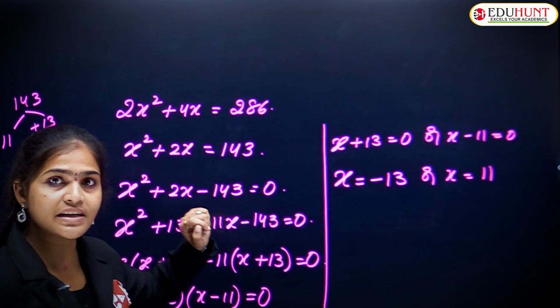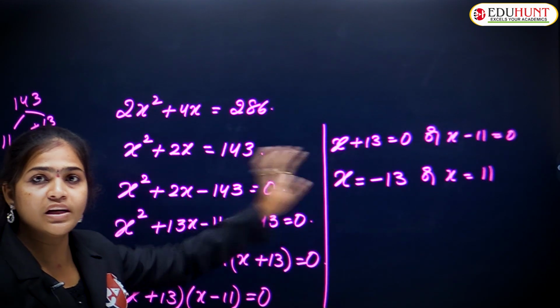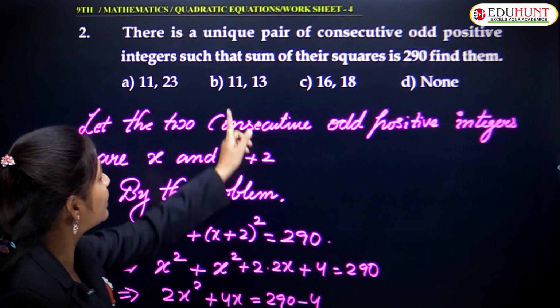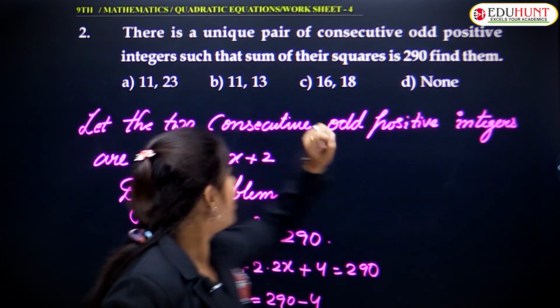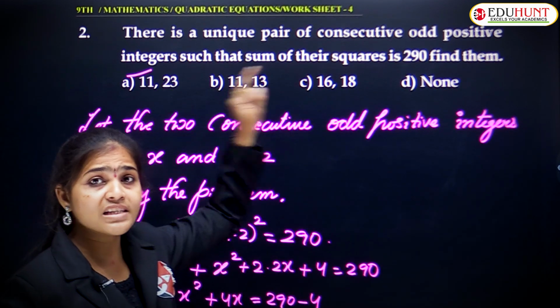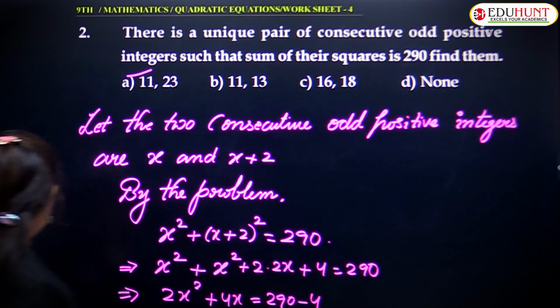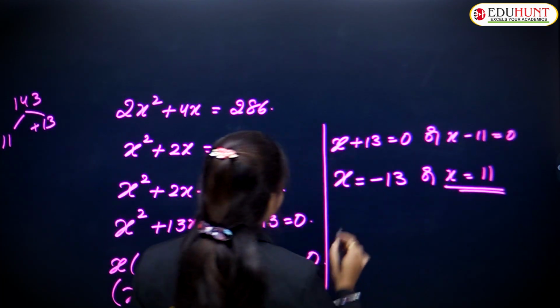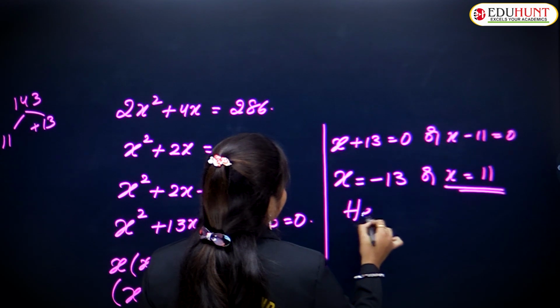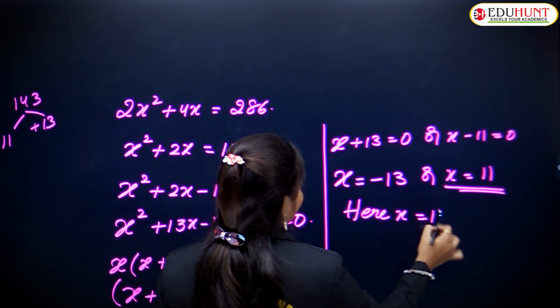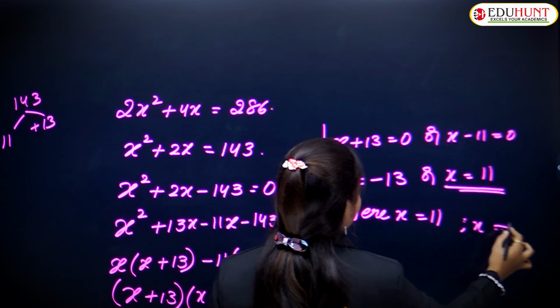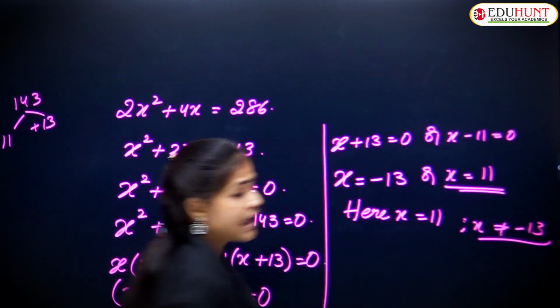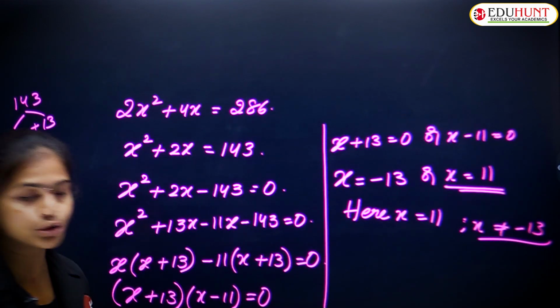So which one do we have to consider? Positive only. Why? Because in the question they mentioned odd positive integers. So that's why we go for x is equal to 11, and x is not equal to minus 13 as per the given question.